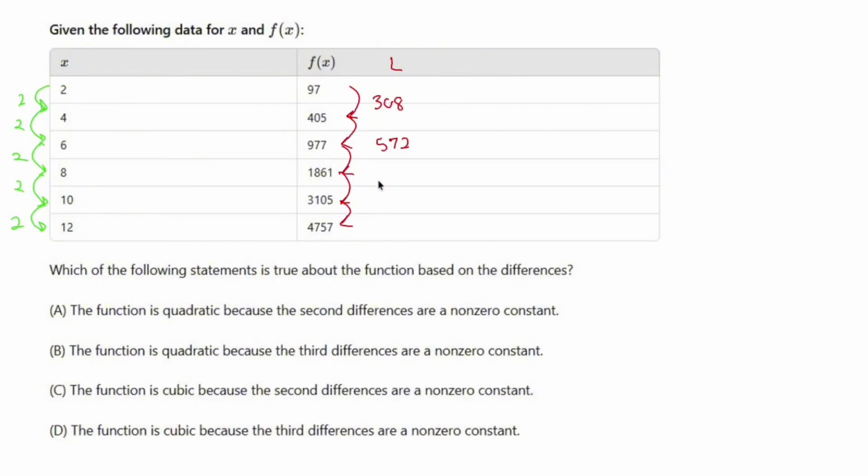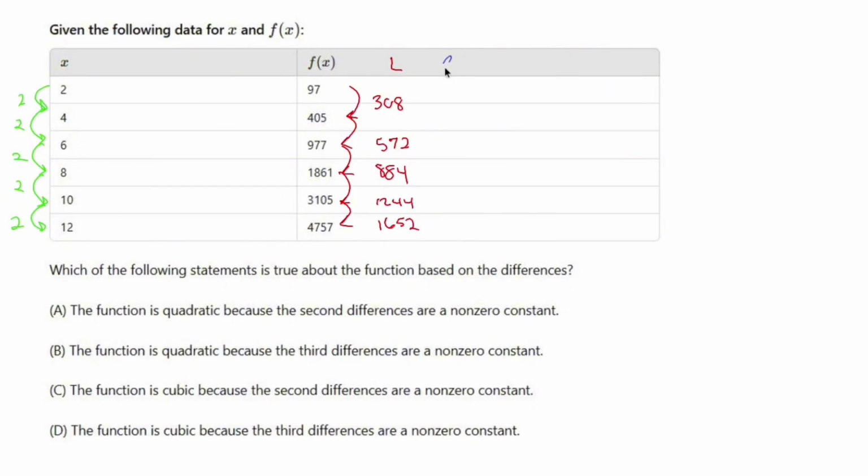I am not typing this into a calculator off to the side, so I don't appreciate your accusations. 3,105 minus 1861, the year I was born, is a difference of 1,244, and the difference between 4,757 and 3,105 is going to be 1652. So yeah, not linear.